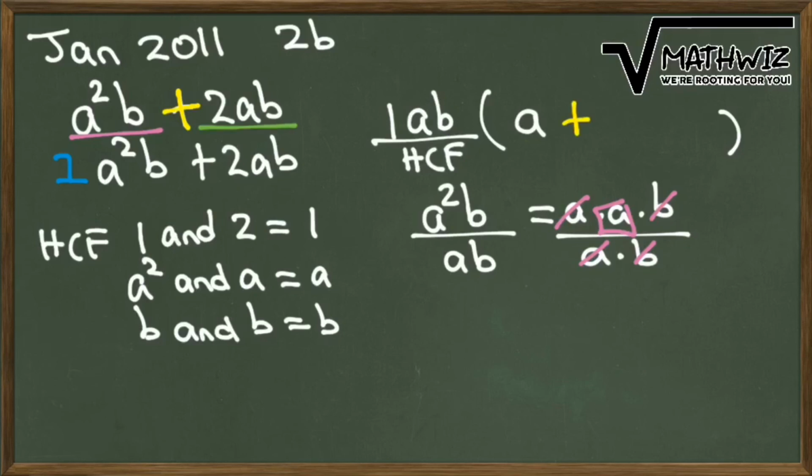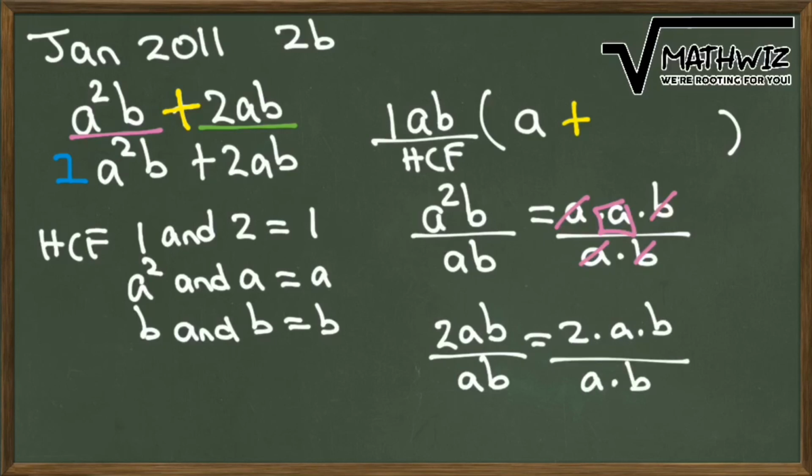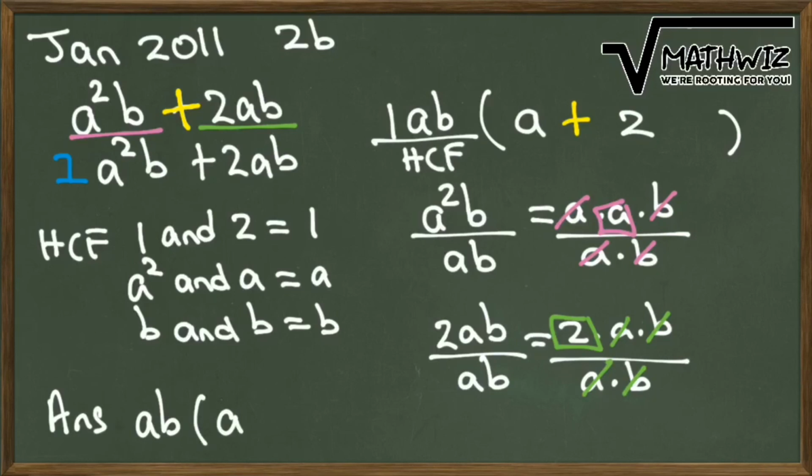So we take the 2ab and you put it over ab, which is 2 times a times b over a times b. So the a's cancel, the b's cancel, and what's left over is 2. Right, so your answer would be ab. So remember, we don't put the 1, so just ab, open bracket, a plus 2.